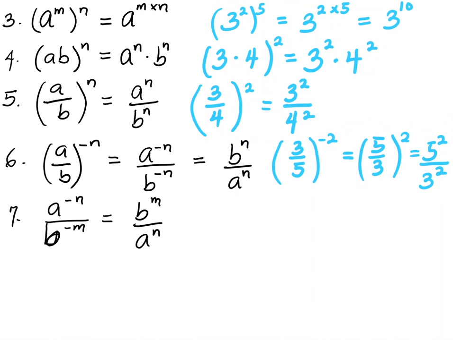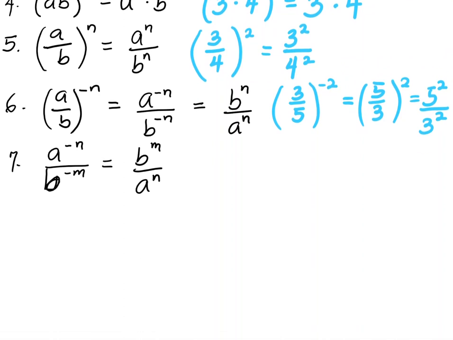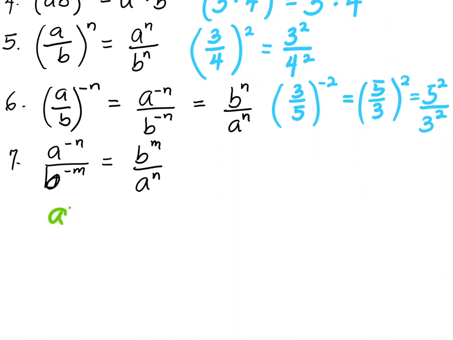Let us consider that in this case. So A raised to power of negative n is what? 1 by A raised to power n. And let us see this. B raised to power of negative m is again 1 by B raised to power of m.